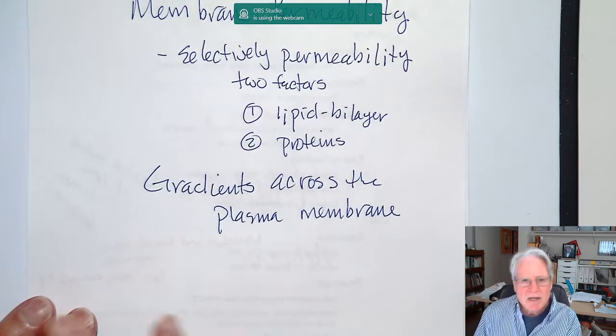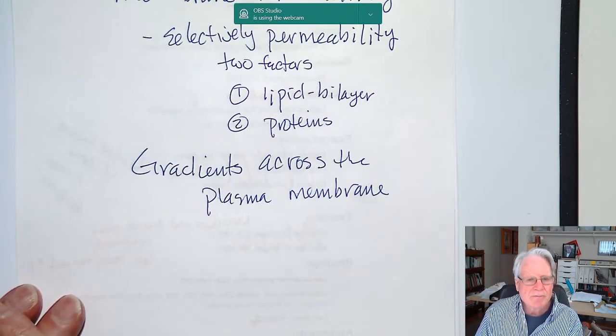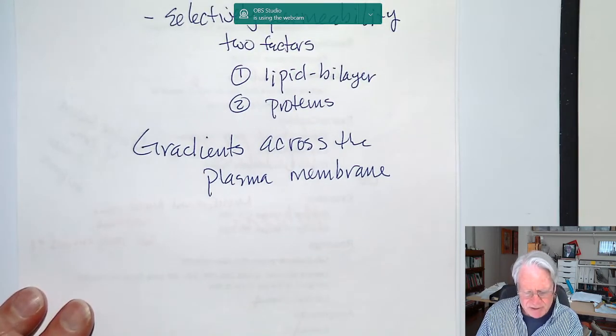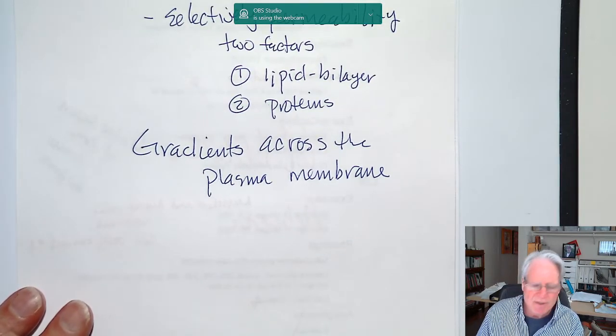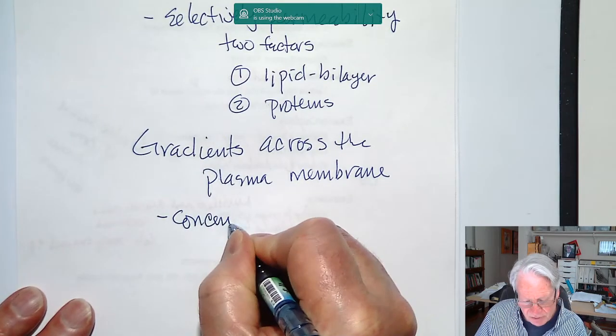When we look at gradients, what we're going to notice is that often, if not all the time, there is a concentration gradient across the membrane. So let's begin there, and let's talk about a concentration gradient.